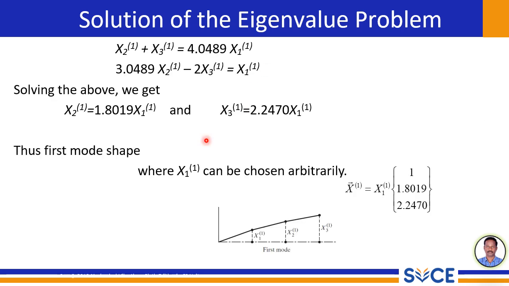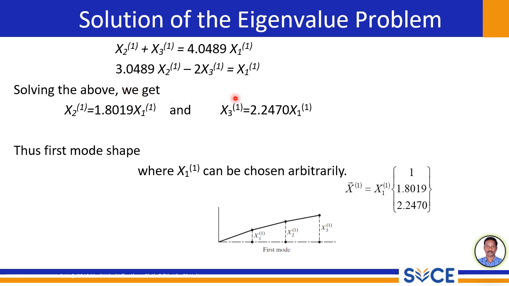To find the first mode shape, we use the system of equations derived in the previous step. Let's take the first two equations, which can be rearranged to get x2 plus x3 equal to 4.0489 x1. From the matrix, this has been rearranged.